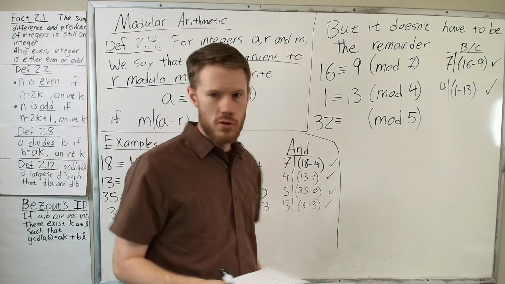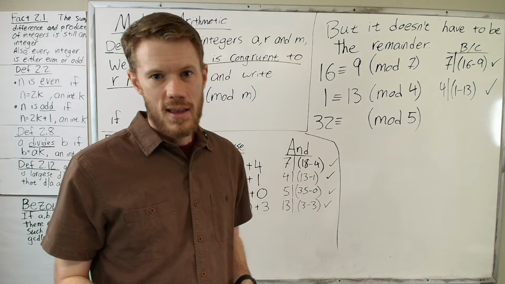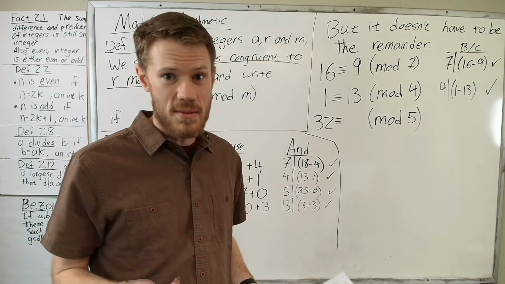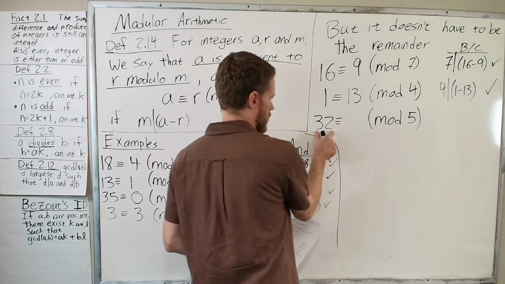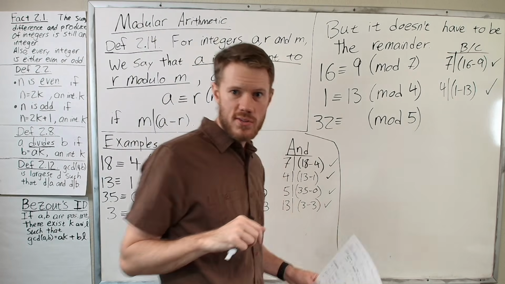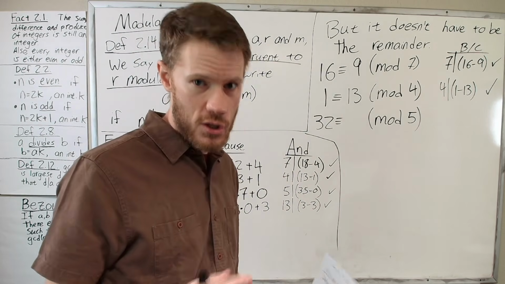What is 32 congruent to mod 5? Now, there are actually infinitely many answers. Can you think of some? 32 divided by 5 leaves a remainder of 2.